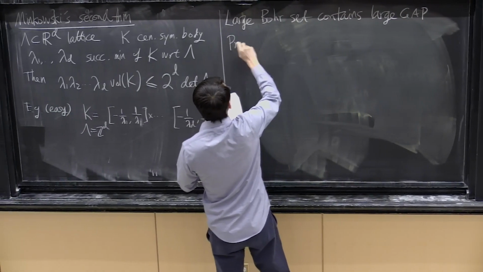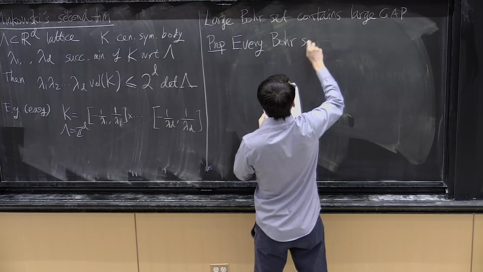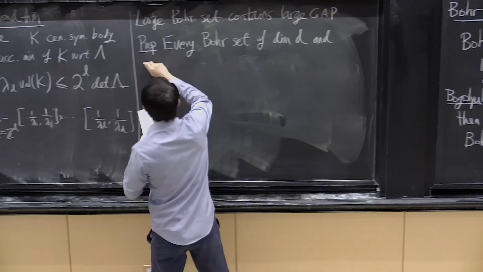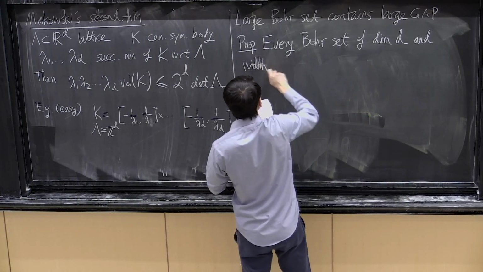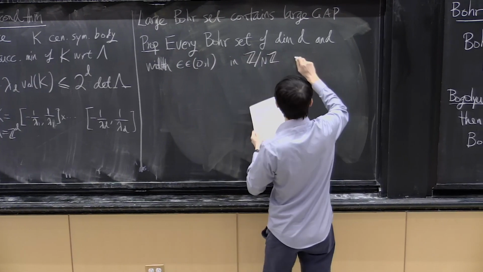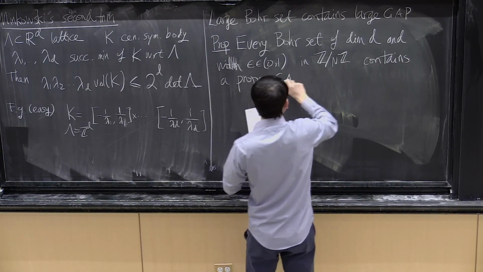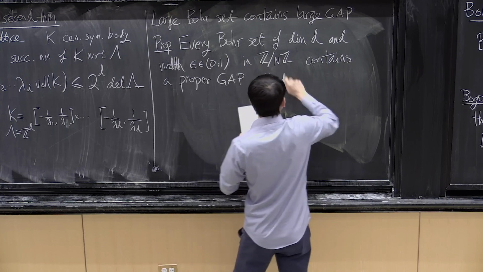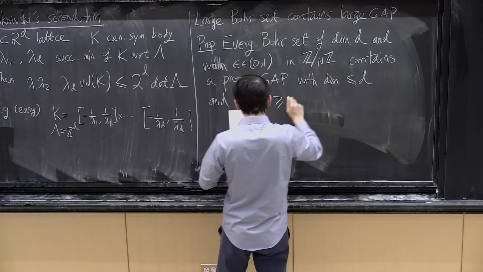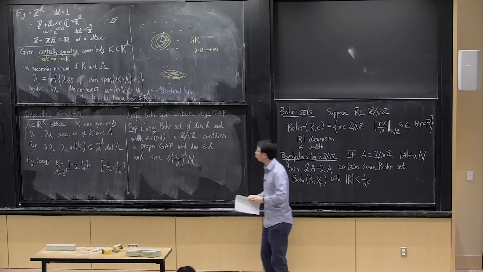Specifically, we will prove that every Bohr set of dimension d and width epsilon, where epsilon is between 0 and 1, in Z mod NZ contains a proper GAP with dimension at most d and size at least this quantity, which is (epsilon divided by d) raised to the power d fraction of the cyclic group.